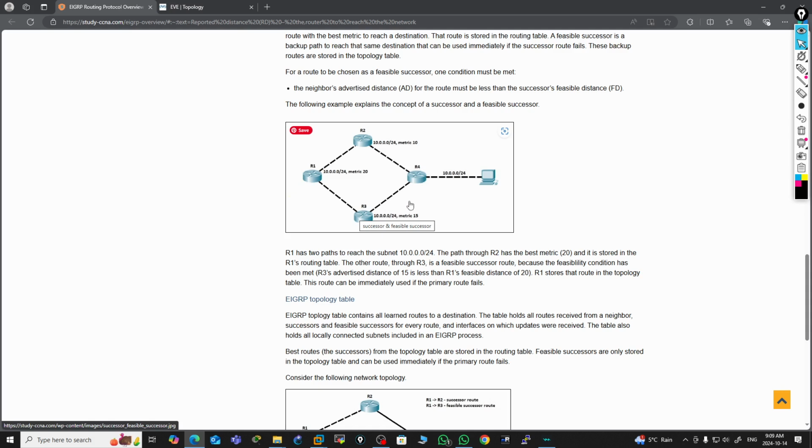Why? Because the metric going from R1 to R2 and then to R4 is more preferred. So this is going to be the successor route, and this is going to be the feasible successor route. This route is only used if the successor route is down. We're going to create a situation like this in the configuration.